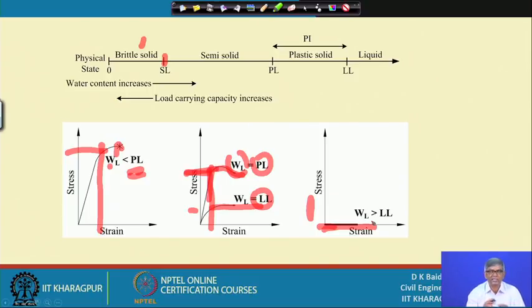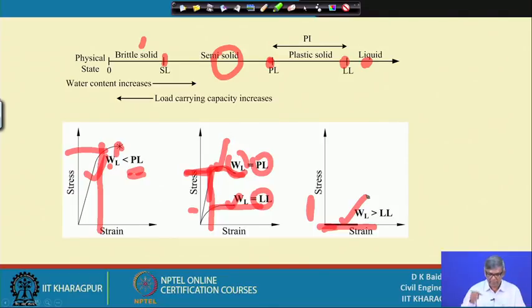So, that means at different stages, what will be the behavior of the soil, one can understand from this curve. So, if I take a sample from this zone, then this type of behavior. If I take this one, then you will get this figure, and if I take at this, then we will get this one, and if I take the sample from here, then we will get this type of behavior.